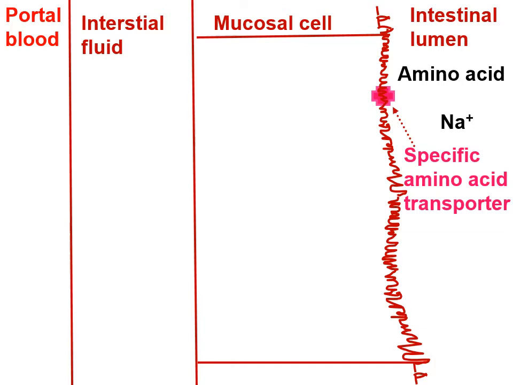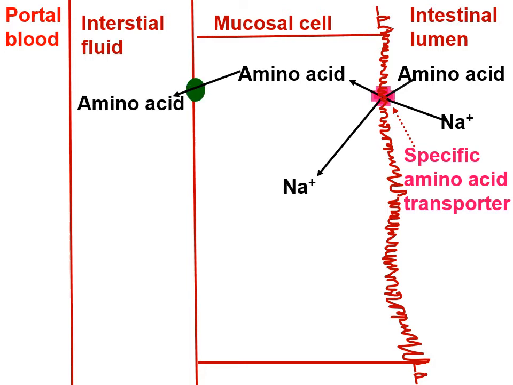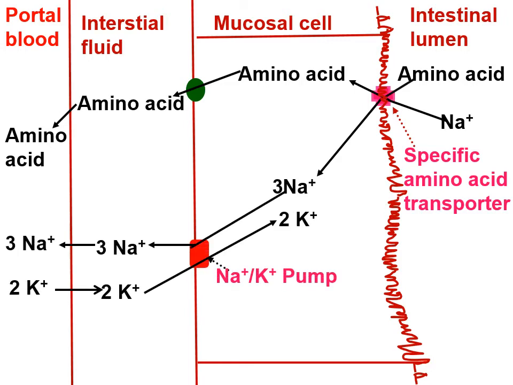Now the energy for this movement from the lumen into the mucosal cell is got because of sodium. So along with sodium, amino acid is also transported into the mucosal cell. So it enters the mucosal cell along with sodium.